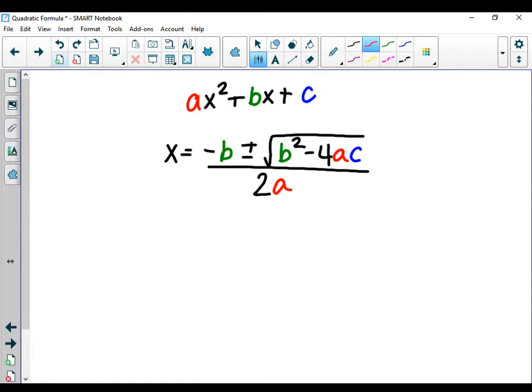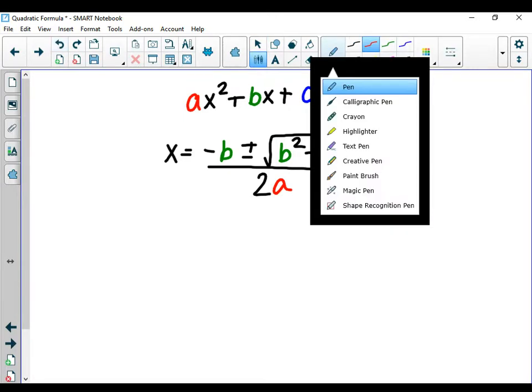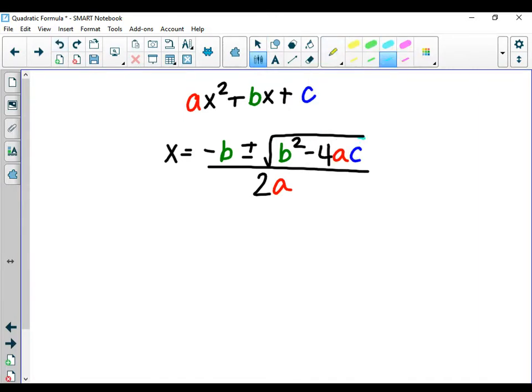Whew, there we go. Okay, so then I would probably turn right around and highlight or circle or acknowledge. That just lost all my color codes. So I'd probably just circle it or something like that to say, hey, everything inside here is actually my discriminant.